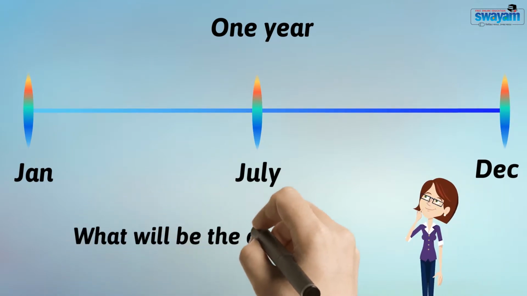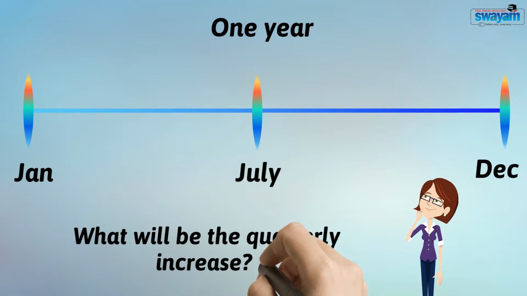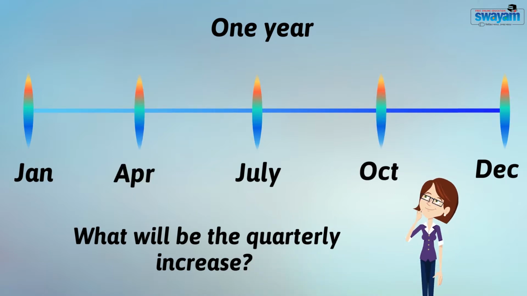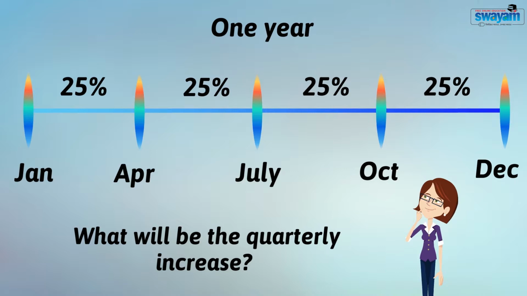Suppose you want to find the quarterly increase in your money. Divide a year into 4 parts and divide 100% into 4 parts, that gives 25% in each quarter. Can you calculate the value of 1 rupee at the end of the year?